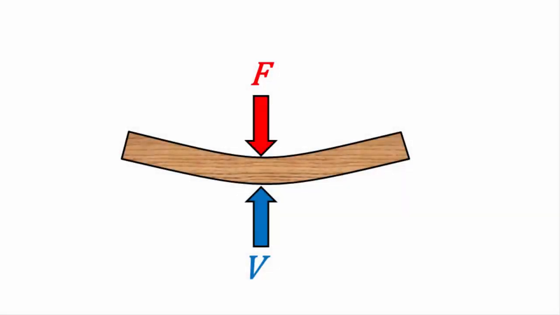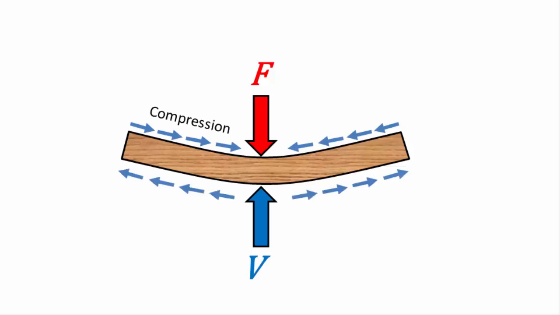As the external force pushes down on the beam, the top layers of the beam are pushed closer together and are compressed. So the top layers experience compression forces. The bottom layers, on the other hand, are stretched and the layers are pulled away from each other. So the bottom layers experience tension force. The layer at the center of the beam experiences no horizontal shear forces.